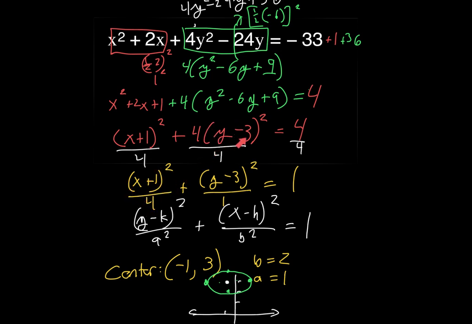Here, this is all trapped inside the squared, y minus 3 squared, so it cannot do any reducing, but this 4 is outside of the parentheses, and it's 4 times, and as long as we're only multiplying and dividing, 4 times this giant thing, I can reduce this 4 and this 4, leaving me with 1 in the denominator there.